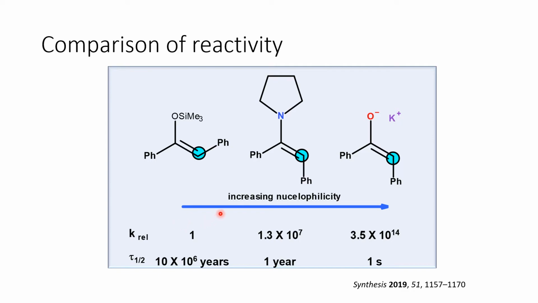If you look at the increasing nucleophilicity, the reaction rate also increases tremendously for enolate ions, which are extremely high, whereas enol ethers are practically non-reactive, and enamines are in between these two extremes.